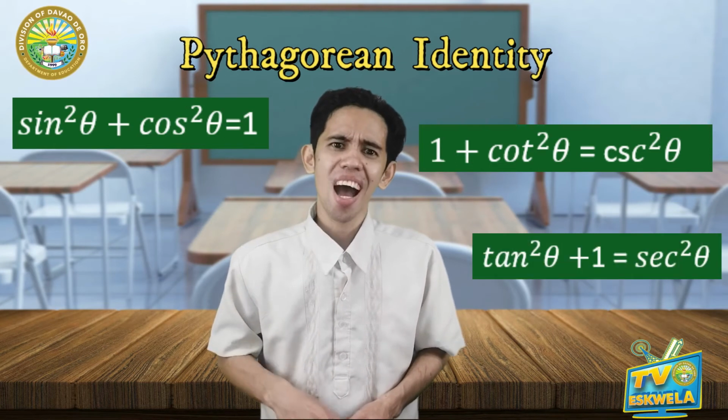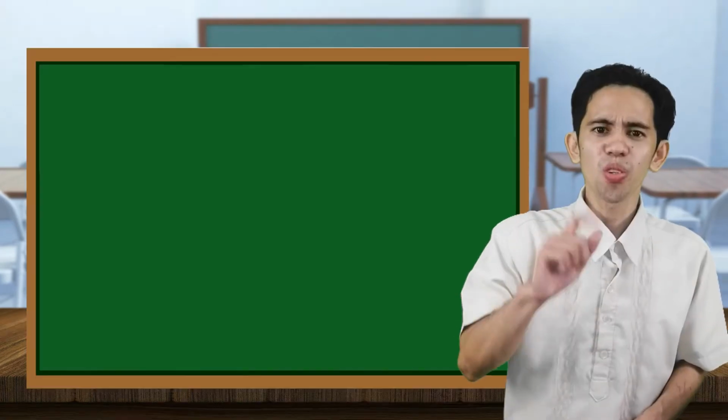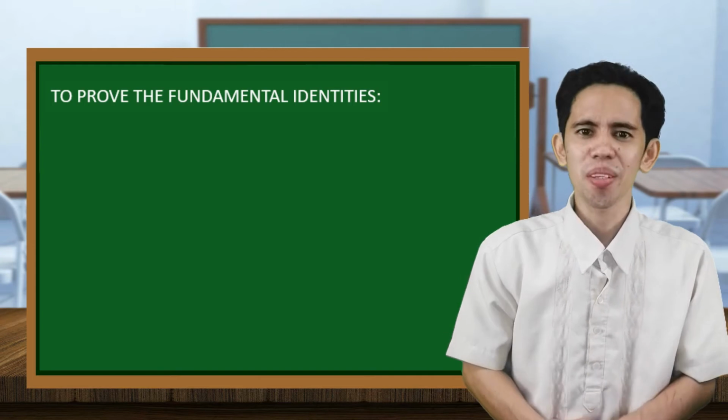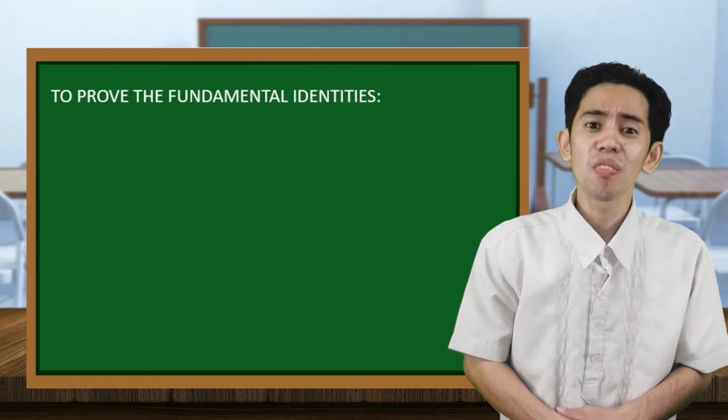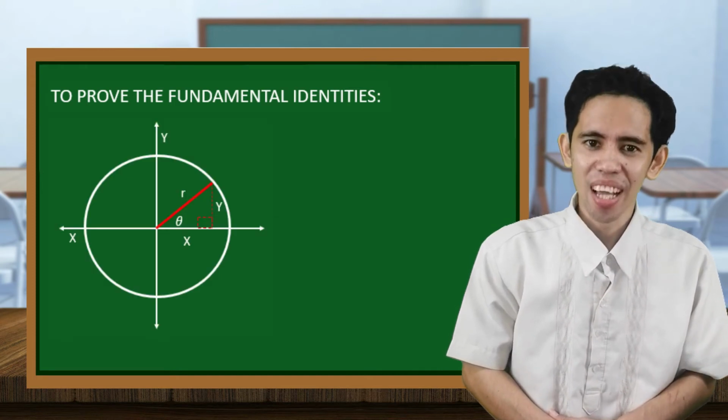The question is, how do they get these fundamental identities? Let's find out.